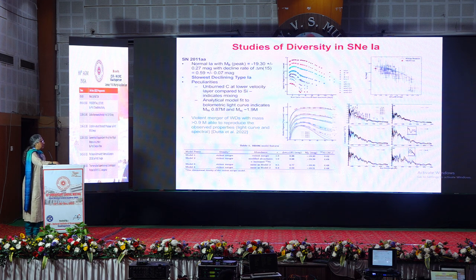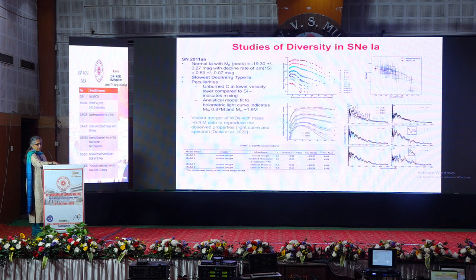A very interesting object that we recently published is the supernova which occurred in the year 2011. This supernova had a very slow decline, but its luminosity falls under the normal type 1a supernovae. It is in fact the slowest declining type 1a supernova known till date.